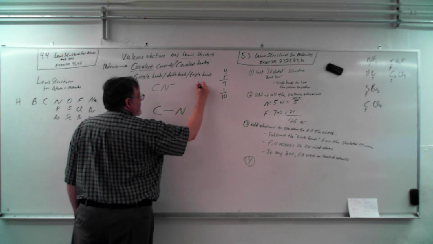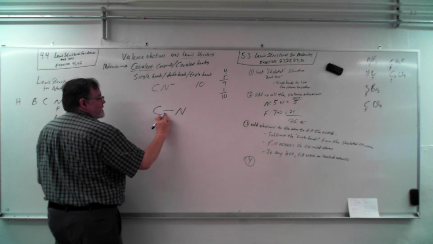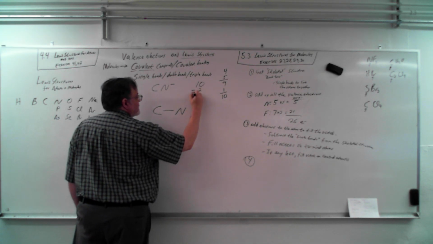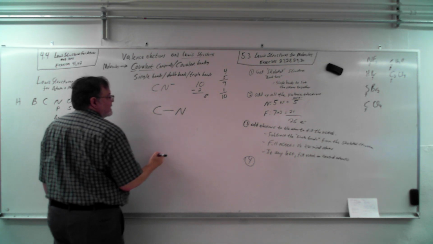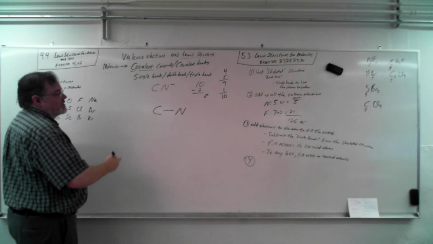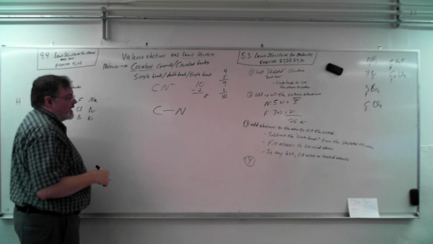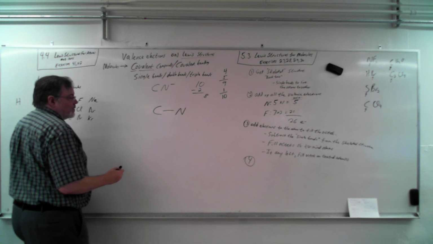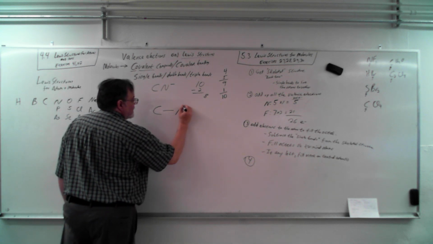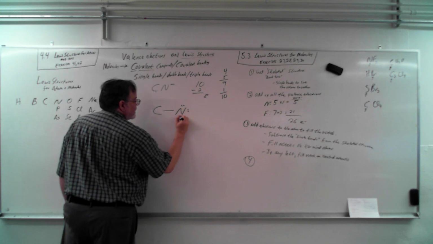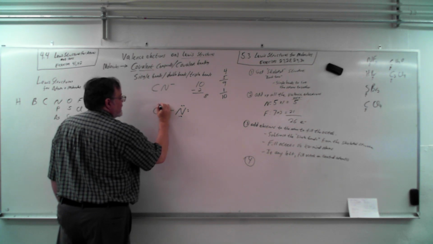So if I've got 10, and I've already used 2 to do this, now I've got 8 left. You could just do this on either one of these because there's not a central atom or a terminal atom, but I've got 8 left to work with. Let's say I went 2, 4, 6, 8.